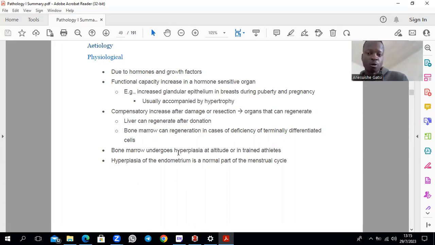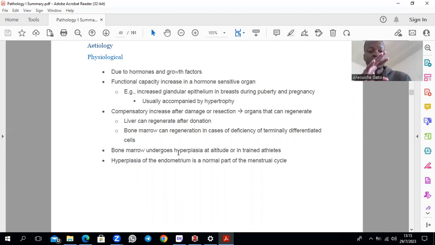The nephron example is a bit bad because it's going to be hypertrophy. Let's use the liver instead. For liver regeneration, remember you can donate a small bit of a liver and it can regrow to the normal adult size. That's through an increase in cell number.